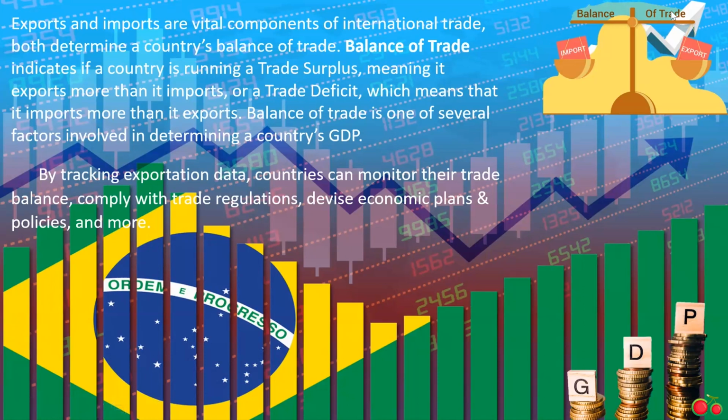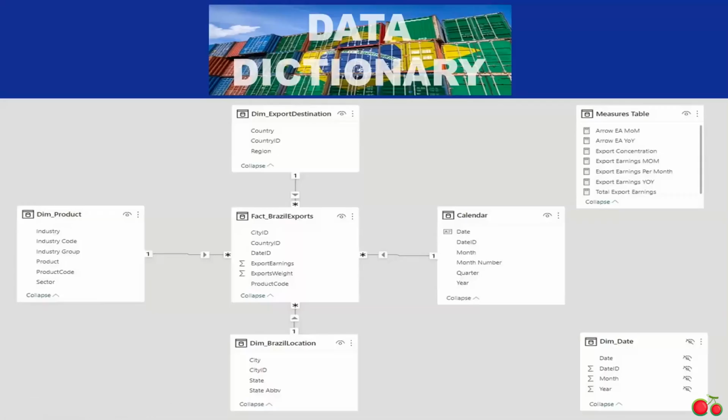Now, balance of trade is one of several factors involved in determining a country's GDP. By tracking exportation data, countries can monitor their trade balance, comply with trade regulations, devise economic plans and policies, and much more.